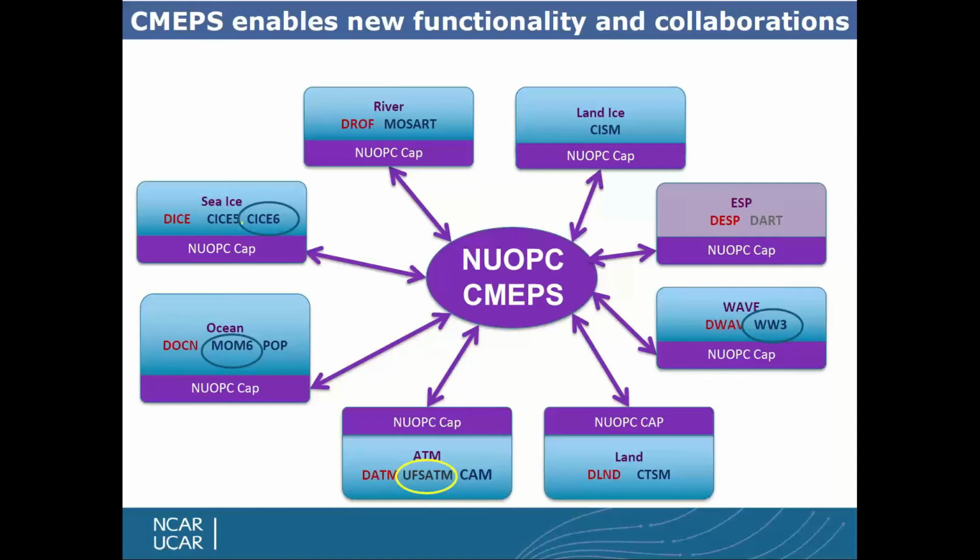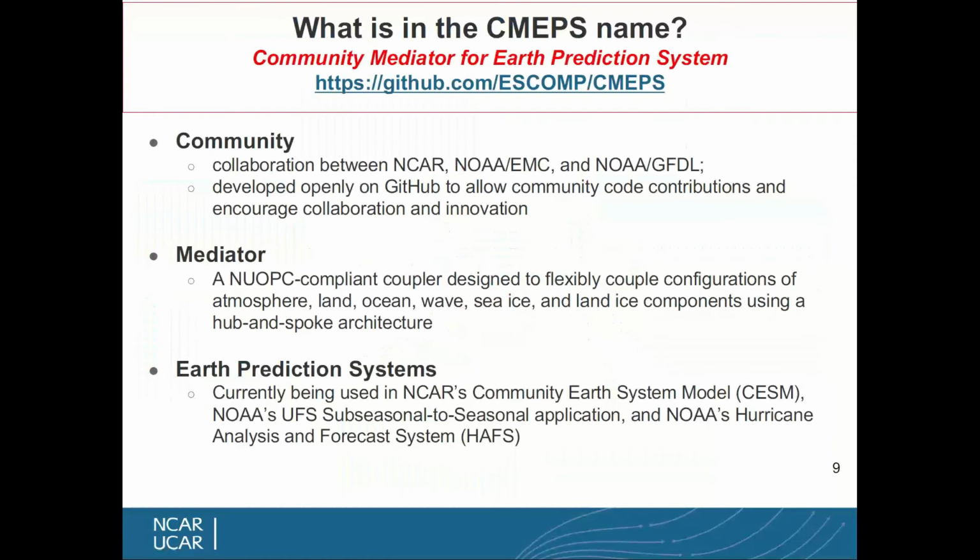And so the idea is that every model system has a different set of fields that they specify to the mediator when they create it, saying, hey, for my modeling system, these are all the possible fields that CMEPS will send and receive. And that is the model-specific part of CMEPS that we've created and have abstracted.